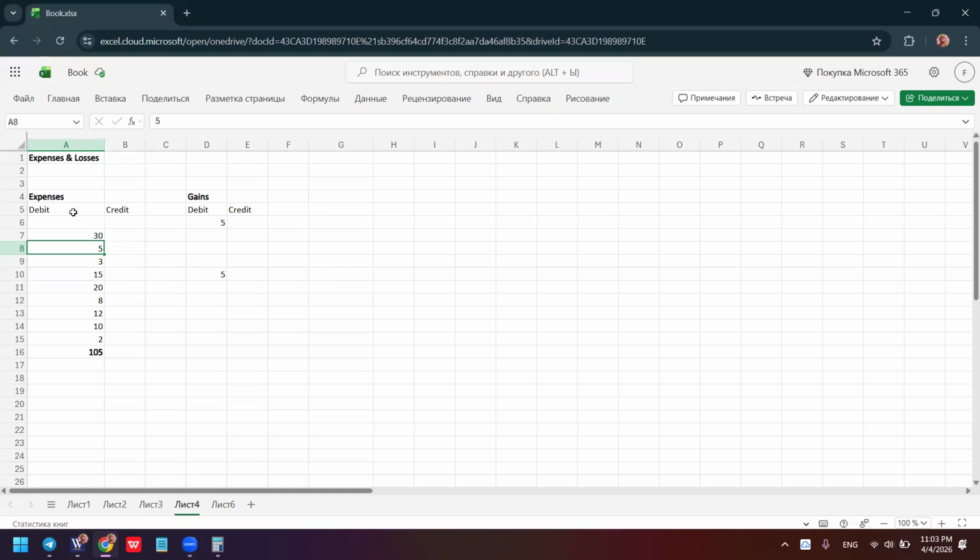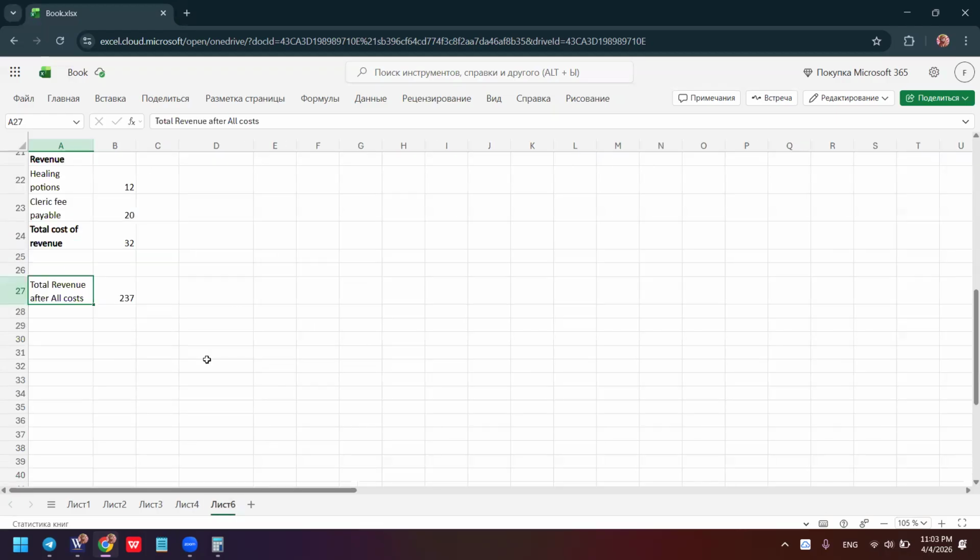We have 5 plus, 5 minus and 5 plus, so it will be 0 in total. So with other incomes, it's not going to change. It will even out, so it will stay the same.